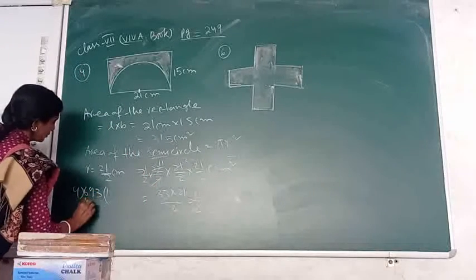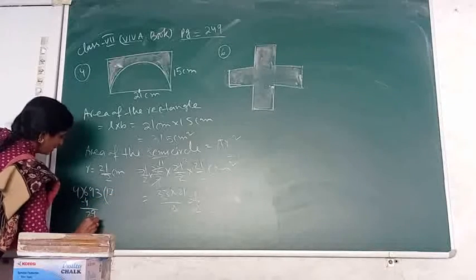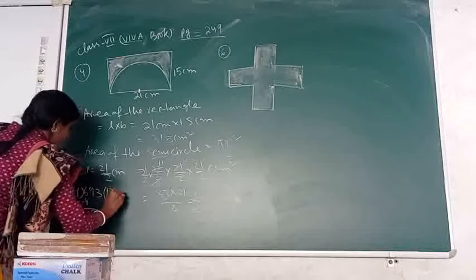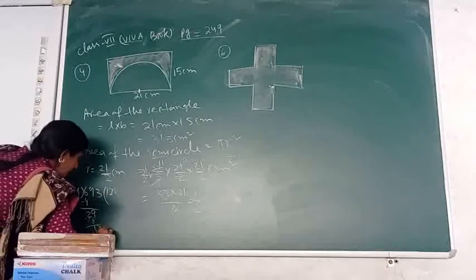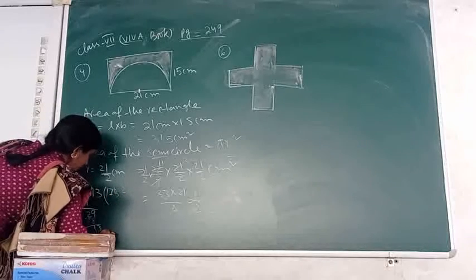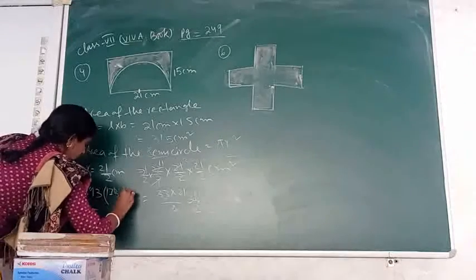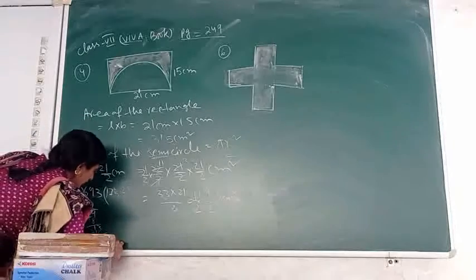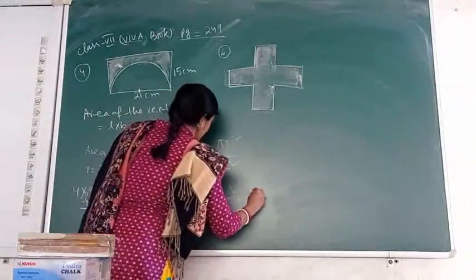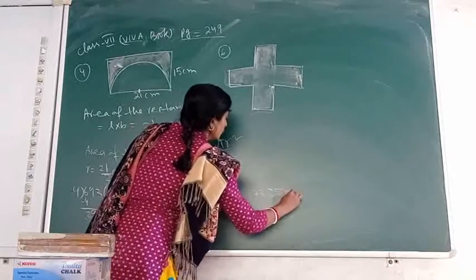So 4 1s are 4, it is 29, 4 7s are 28, so 1 3 is 13, 4 3s are 12, here's 1 for the decimal, 0. That means 2 5 you will get, yes, 20 over. So that one we are getting, the area of the semicircle is coming here 173.25. That much centimeter square.